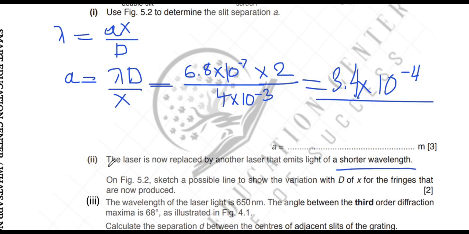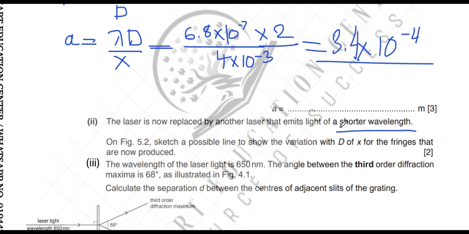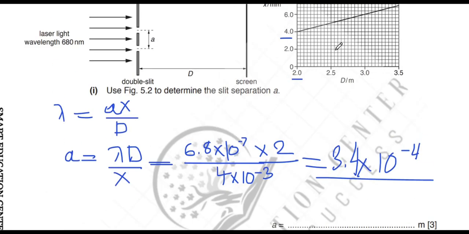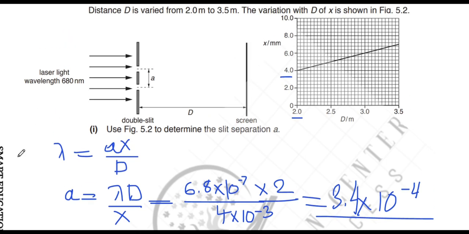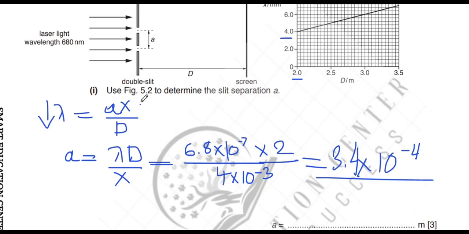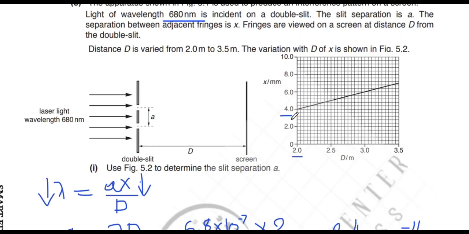Done. If we use a shorter wavelength, then how will it affect this graph? Now, if you see the connection between wavelength and the separation of fringes, if we decrease the wavelength, then the X would also decrease. So therefore, the graph that would be produced would always be below this original graph.